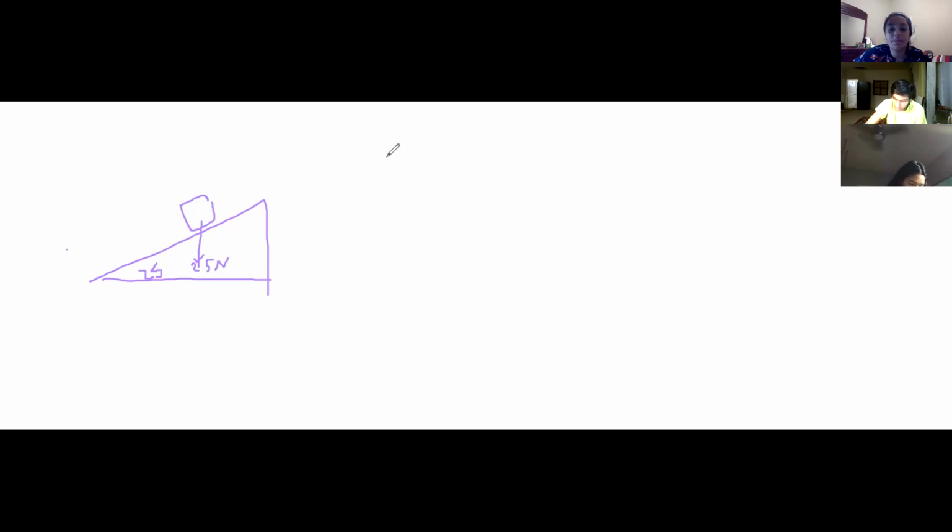Okay. The magnitude of the normal force of the incline on the crate. Okay, so normal force is this, Fn. So what we need to do here is, it gives us the weight.